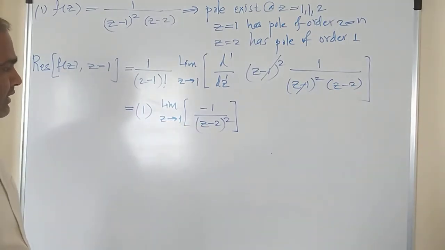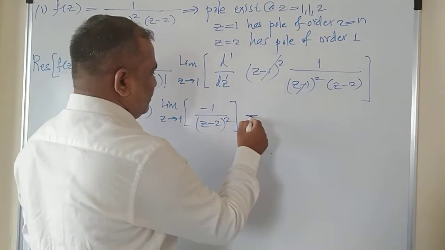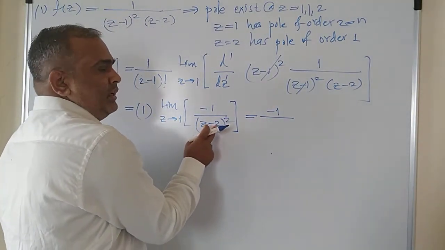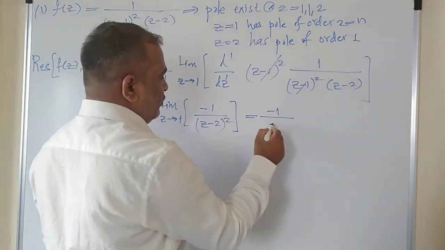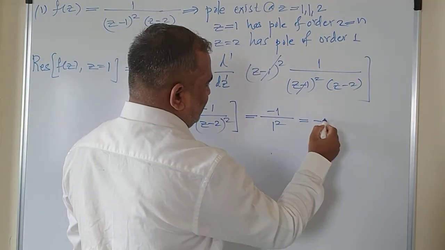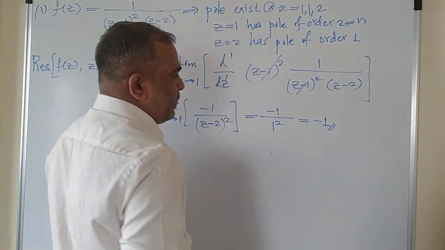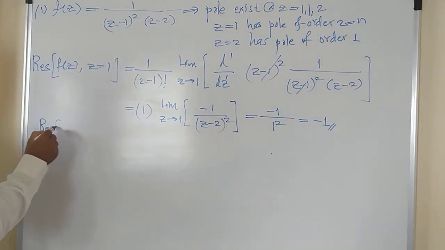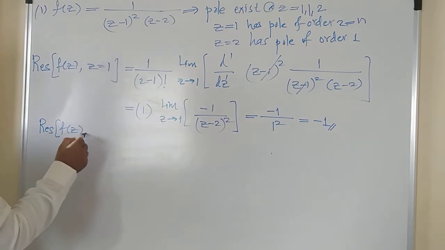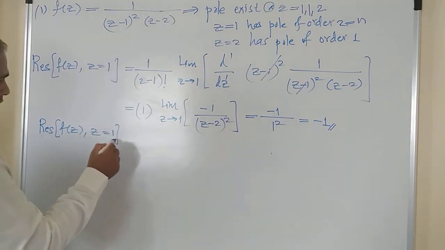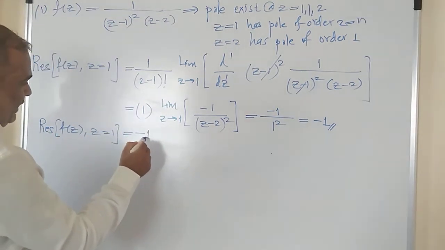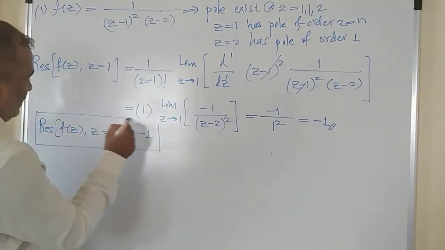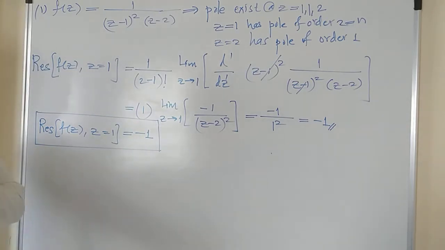Solve this limit, you will get the answer. So this will be equals to minus 1 into 1 minus 2 is minus 1. Minus 1 square is 1, right? So the residue of the function f of z at z is equals to 1 is equals to minus 1, right? So thus you got the residue.